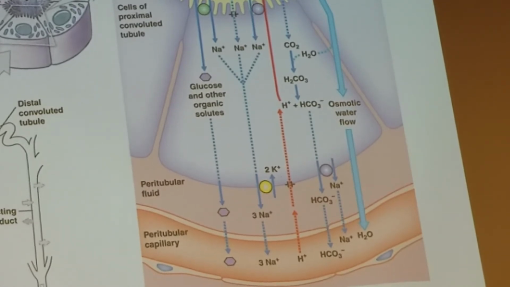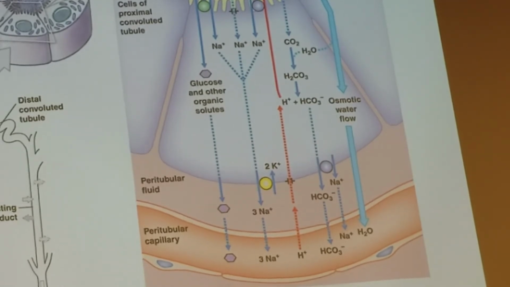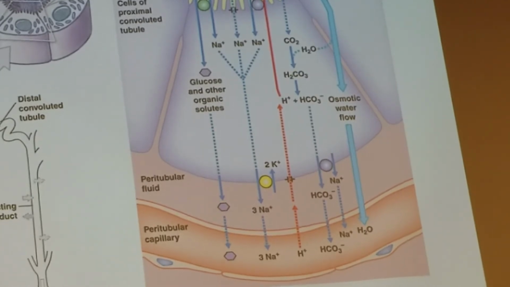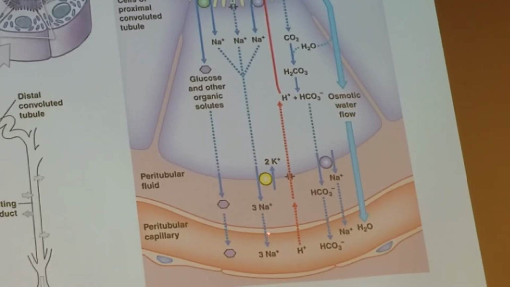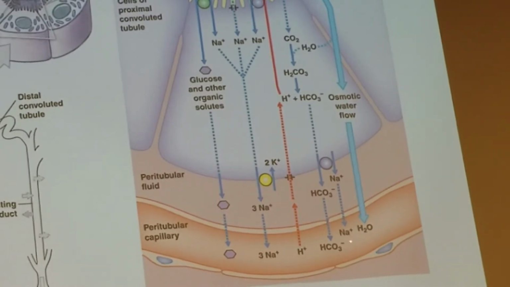Now here's the rule to keep in mind that I'll give for the renal stuff. Wherever sodium goes, water wants to follow, like a puppy. So the more sodium I can get out of the filtrate into the cell, the more water will come into the cell. And then I can pump that sodium straight out into the blood. Well, that's going to make your blood a little more hypertonic.